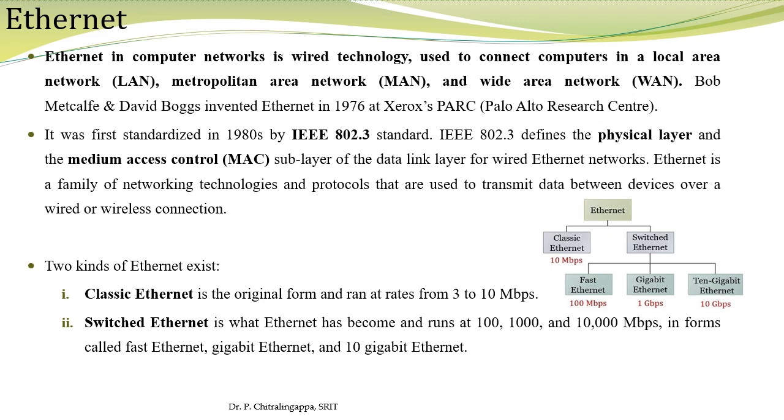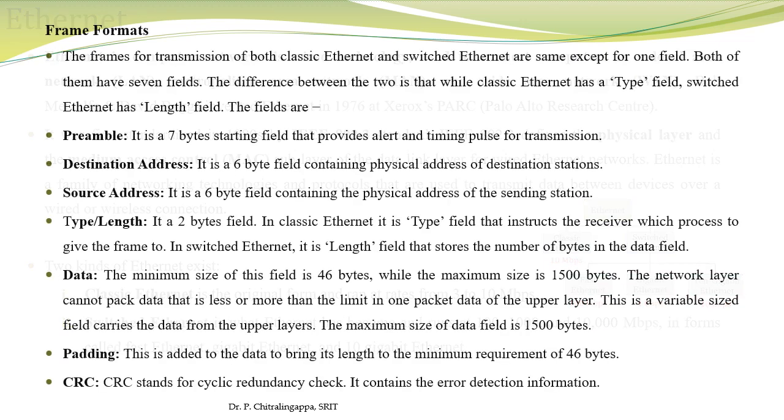It is divided into two categories, classic Ethernet and switched Ethernet. Classic Ethernet transmits data at up to 10 Mbps only. Switched Ethernet is again divided into categories: fast Ethernet, up to 100 Mbps; gigabit Ethernet, 1 Gbps; and 10 gigabit Ethernet, 10 Gbps.